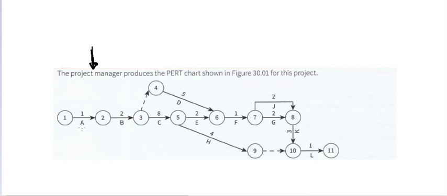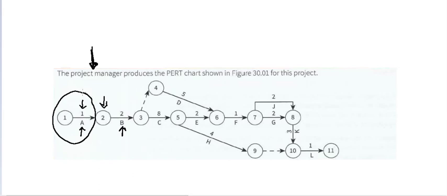For example, right here it's telling us that activity A takes 1 week to complete, and once we are done with activity A, we have reached milestone 2. What this is also telling us is that activity B cannot begin until activity A has been completed.